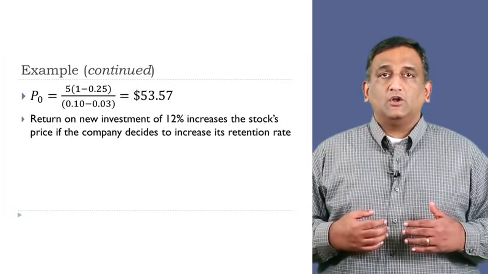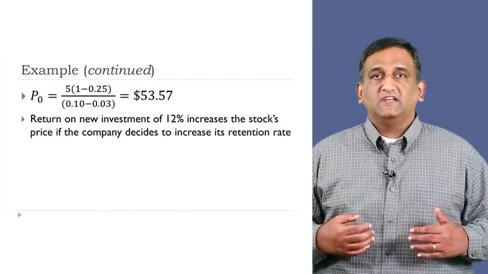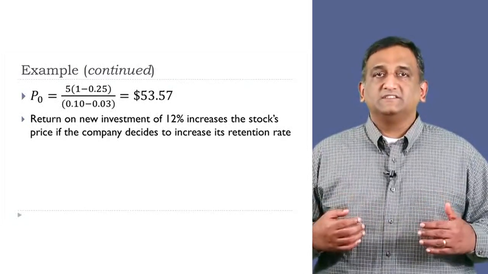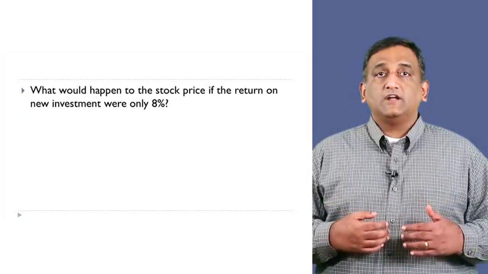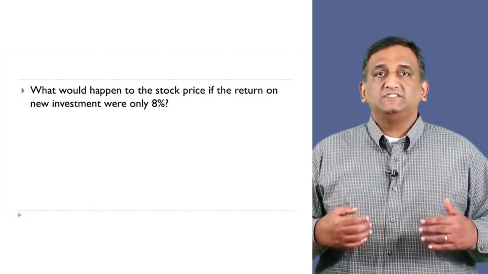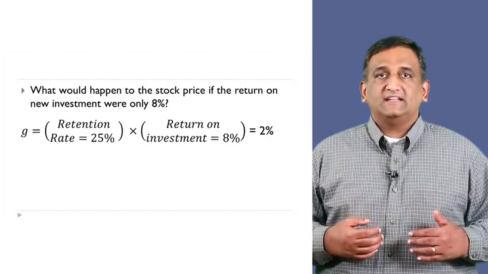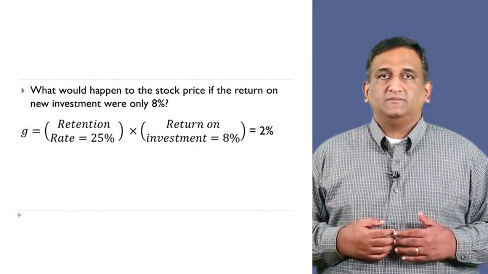Clearly, having a return on new investment of 12% increases the stock's price if the company decides to increase its retention rate. What would happen to the stock if the return on new investment were only 8%? The growth rate g would be 25% times the return on investment of 8%, which gives us 2%.